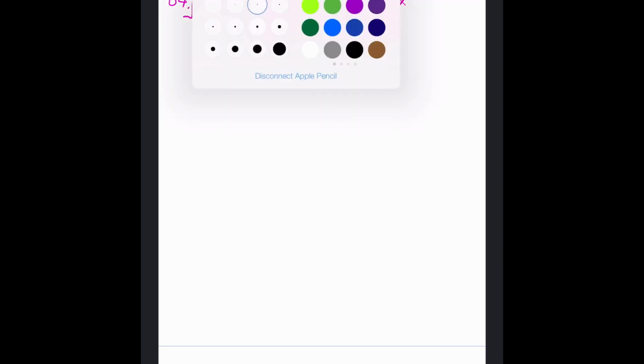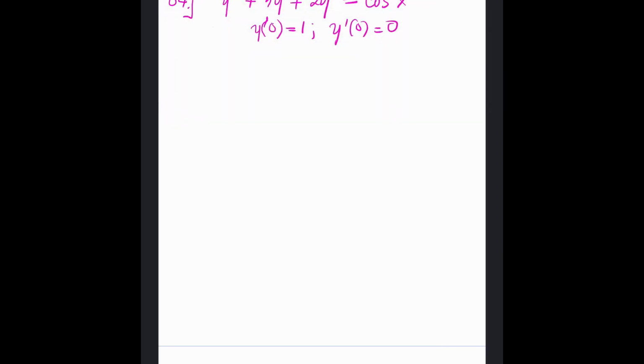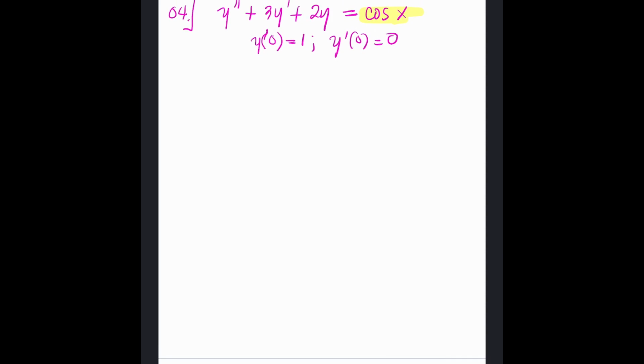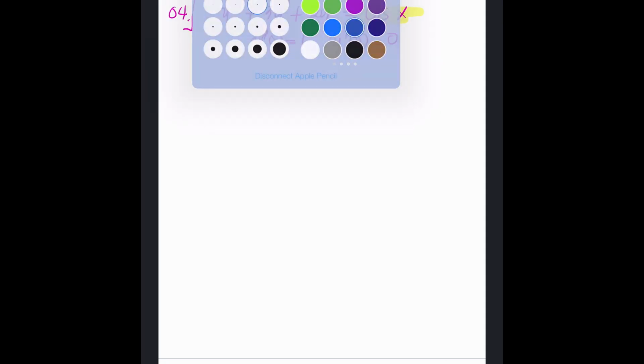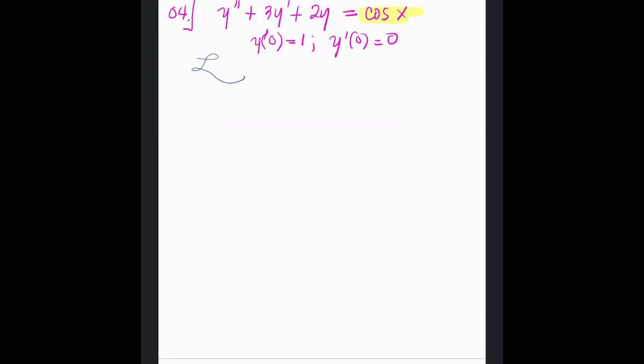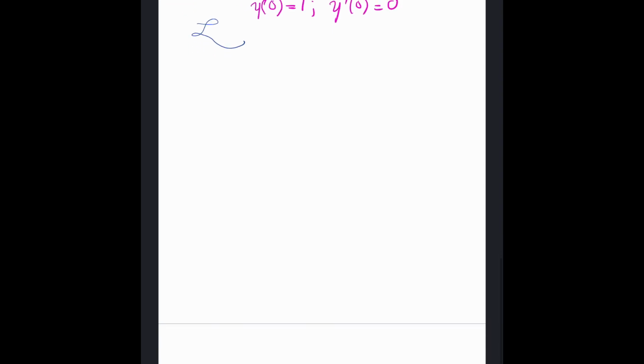So what's the difference in my previous example is we have the introduction of cosine x. In the previous example, the right side is always equal to 0. So the principle behind this is just to Laplace all of the terms. So we have to be consistent on our steps.